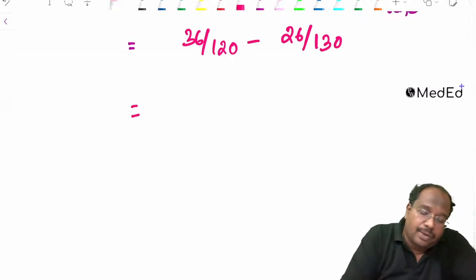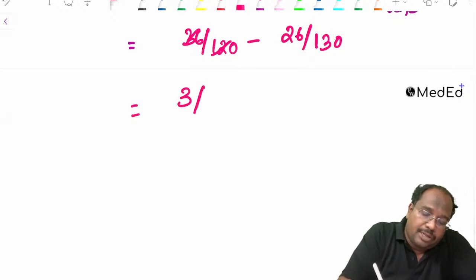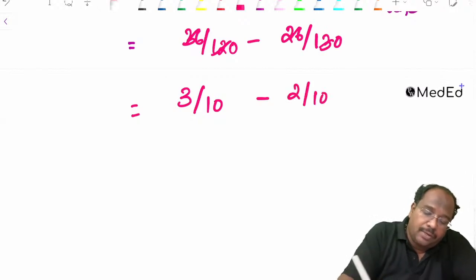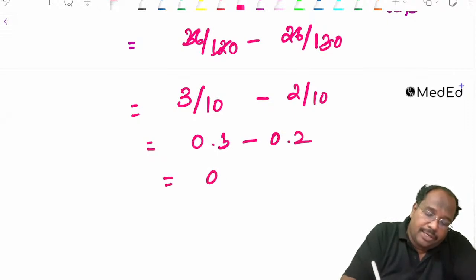If you divide it by 12, this is 3 by 10, and this one, dividing by 13, is 2 by 10. That is 0.3 minus 0.2, that is 0.1.